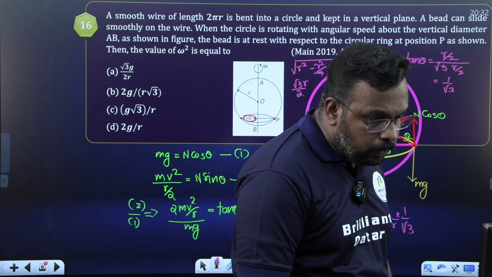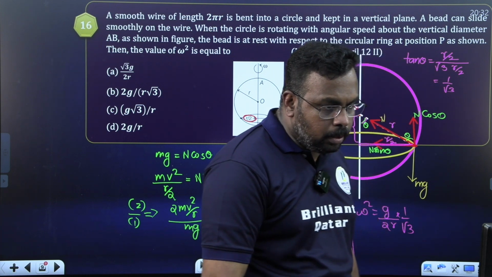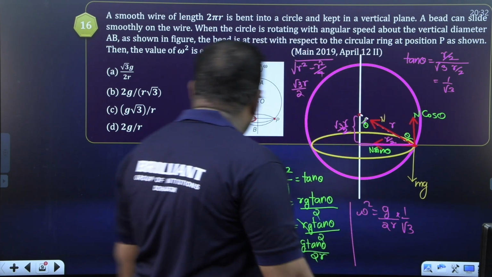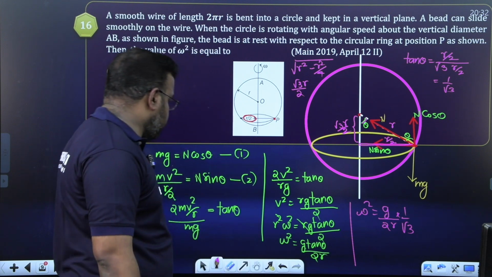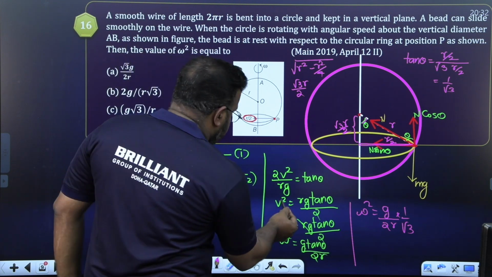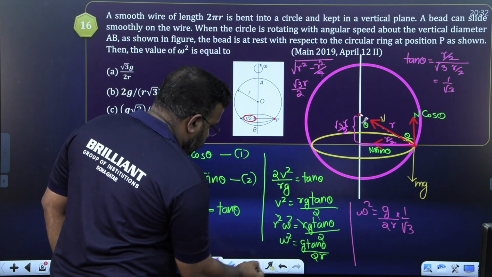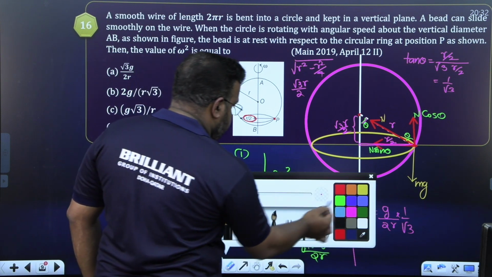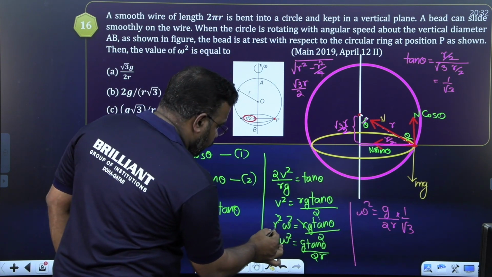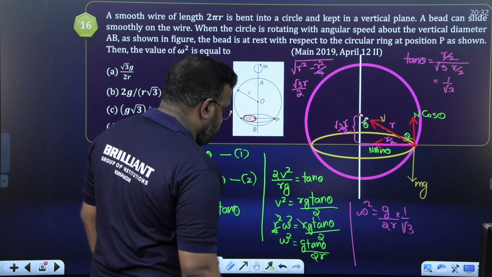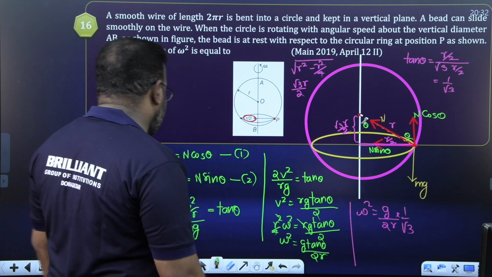Aditya? Yes, V is equal to R omega, it has to be R by 2, yes, that's a mistake. So V is equal to R omega means over there it has to be R by 2. So we get R square by 4 here, right? Yeah, that's a mistake we made.